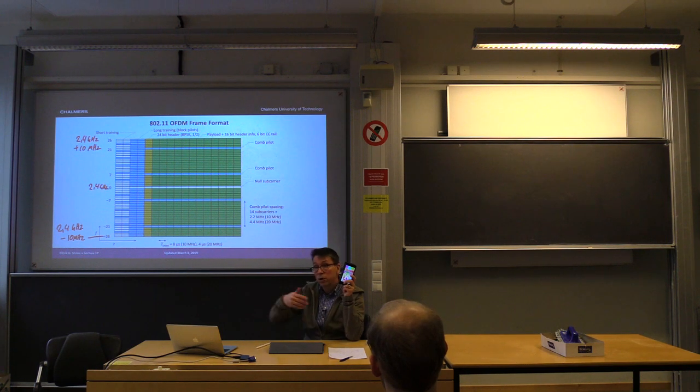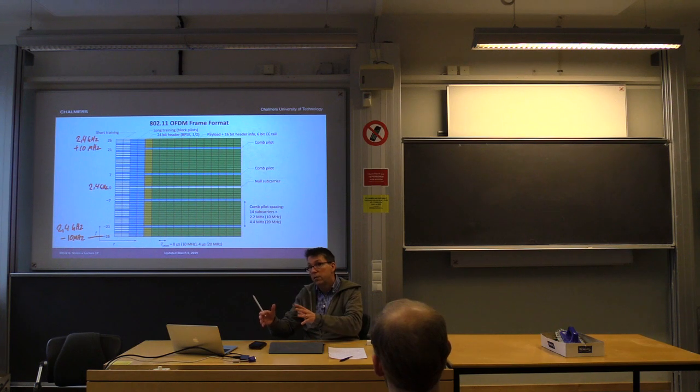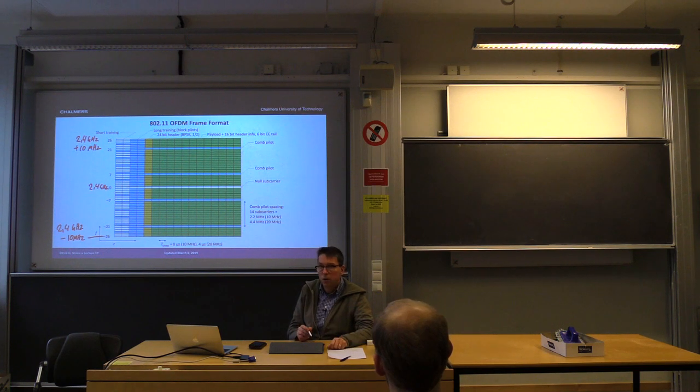So one has to synchronize the receiver in frequency. It has to change its local oscillator a little bit, so we line everything up. And then we also need to synchronize in time, so we line up where the beginning of a symbol is, where the end of it is, when we should sample the matched filter and all these things. So the blue parts here of the frame are for this.